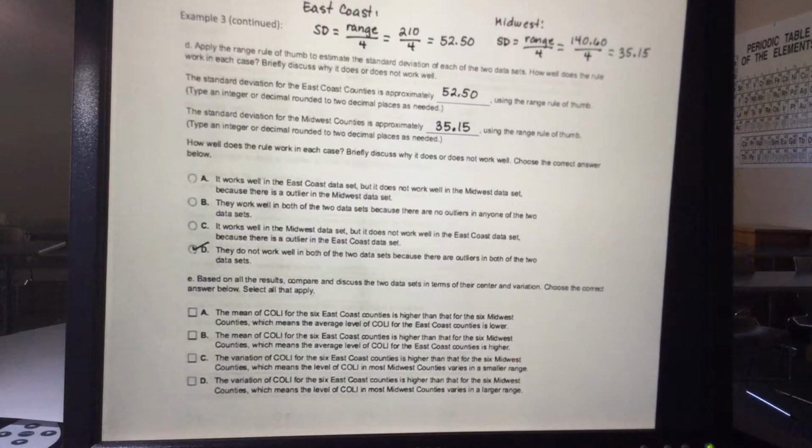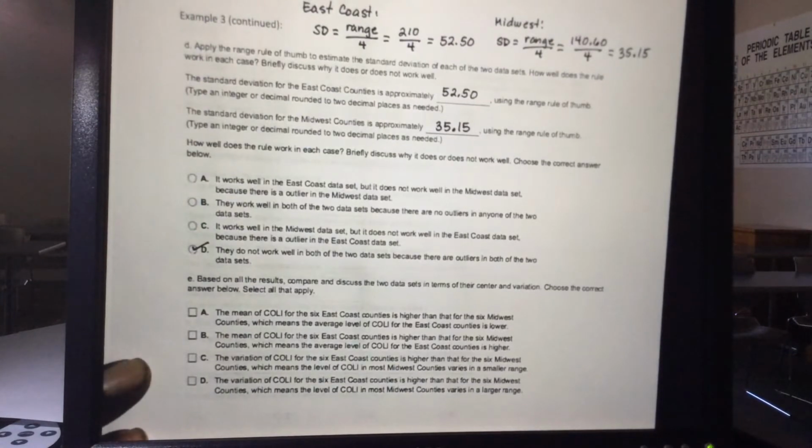And part E, based on all the results, compare and discuss the two data sets in terms of their center and variation. And you want to select the ones that apply. Let's say for the mean.